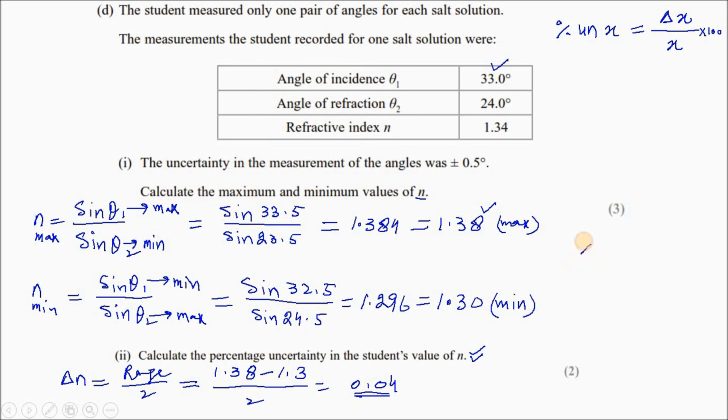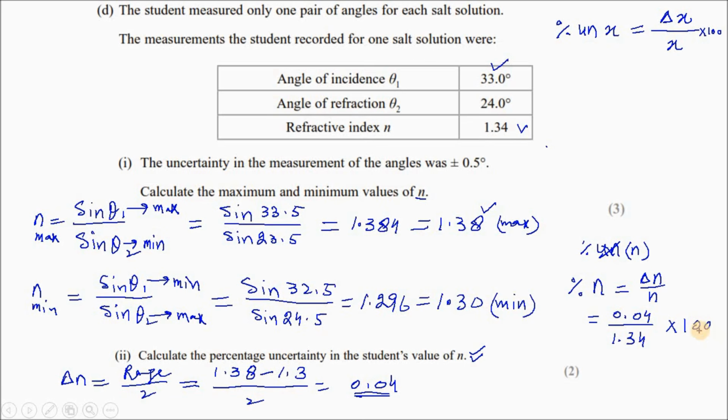And now percentage uncertainty in n. There's no standard symbol, so that's what I'm writing, percentage uncertainty in n, or you can write percentage uncertainty in refractive index. So delta n divided by n, meaning 0.04 divided by 1.34, and of course multiply by 100.